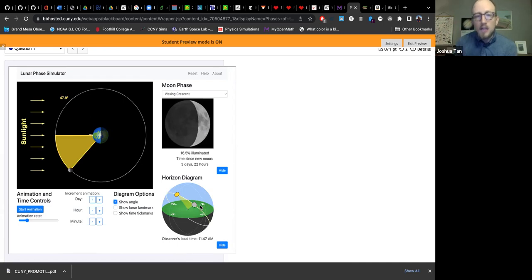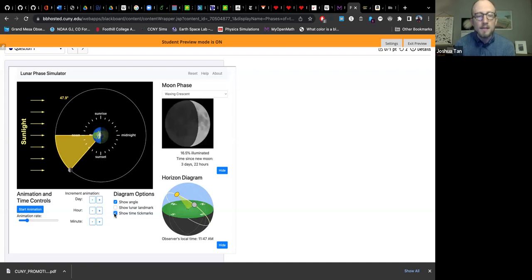It's kind of got that crescent shape and it is waxing, which means that as time is going on, it's getting more and more illuminated. And I can also see that I can see it during the day. The time, if I were to do the time tick marks, is pretty close to noon where I am standing. And that means at noon, if I were to look about 50 degrees away from the sun, thinking of an angle on the sky, I'd be able to see this waxing crescent moon.